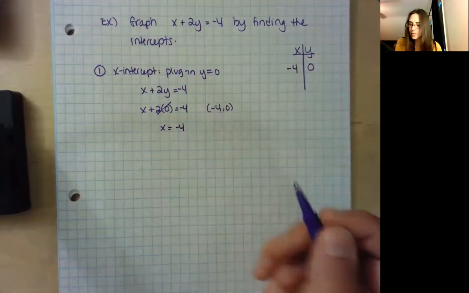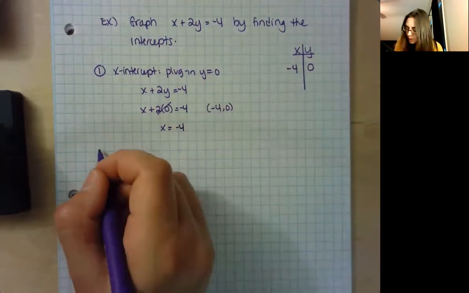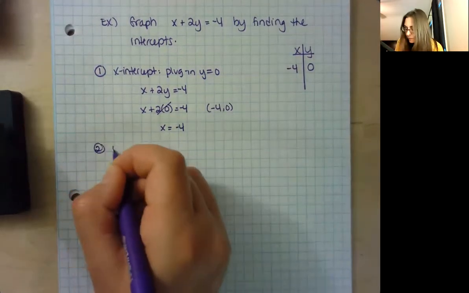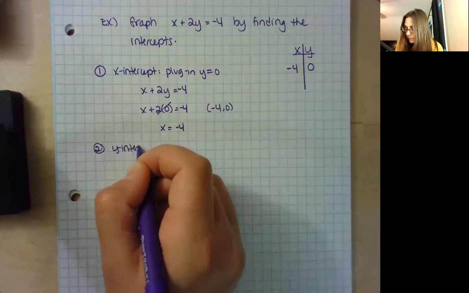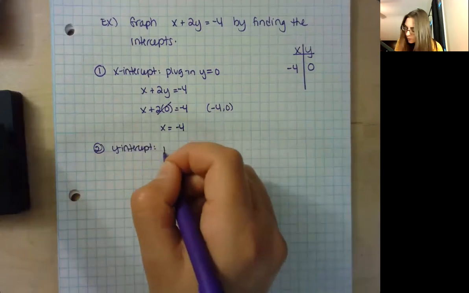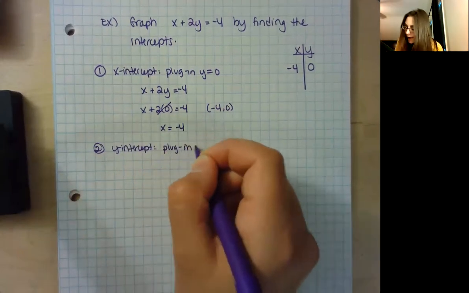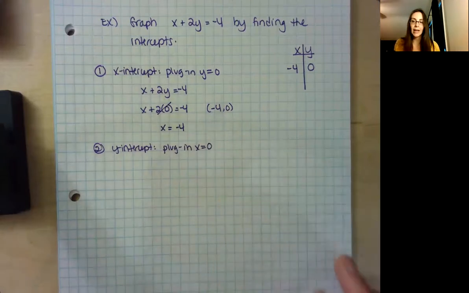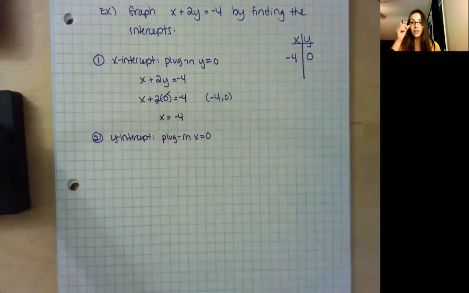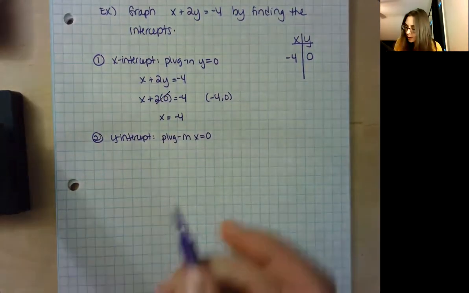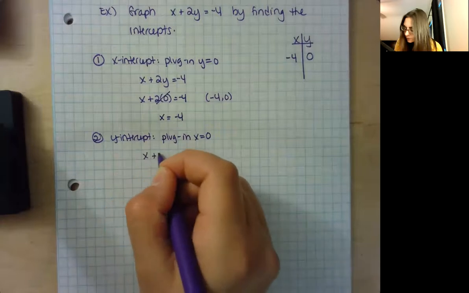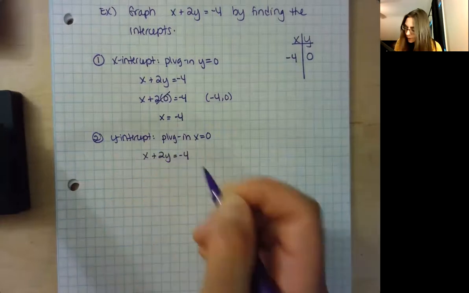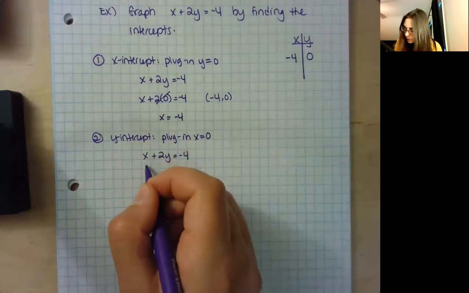That is my x-intercept. So I'm also going to find the y-intercept. For the y-intercept, we always plug in x equals 0. Think of these really as definitions. So I'm going to take that equation and replace the x with 0.